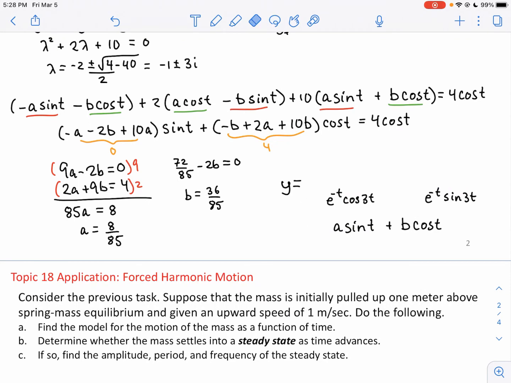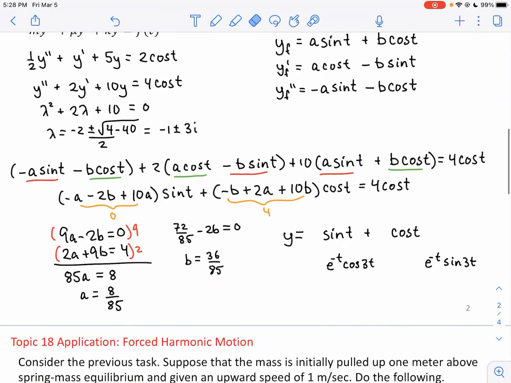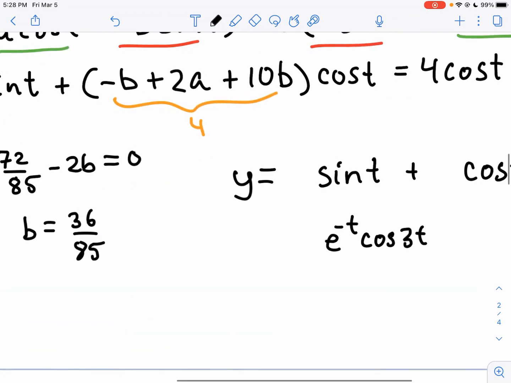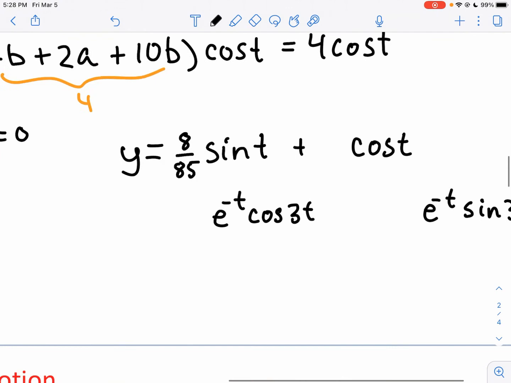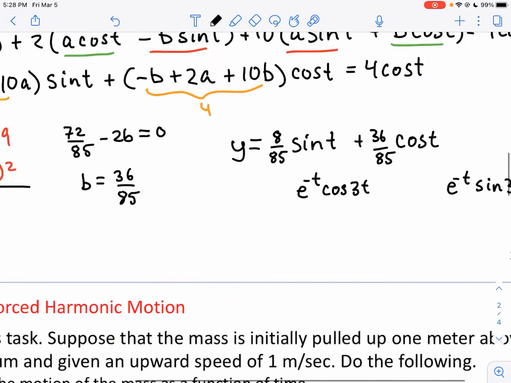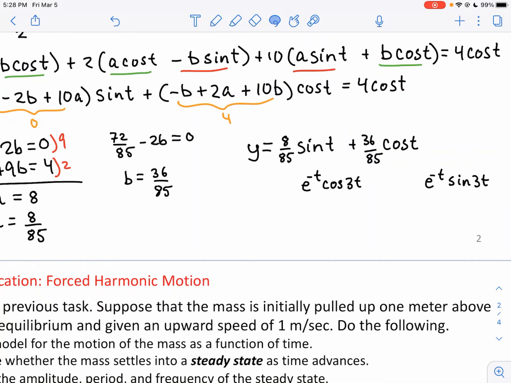Let me erase that stuff. Okay, so let's begin with our particular solution with the correct a and b. And a was the coefficient 8/85. So we have 8/85 of sine of t, and b is 36/85. So there's the particular solution component.